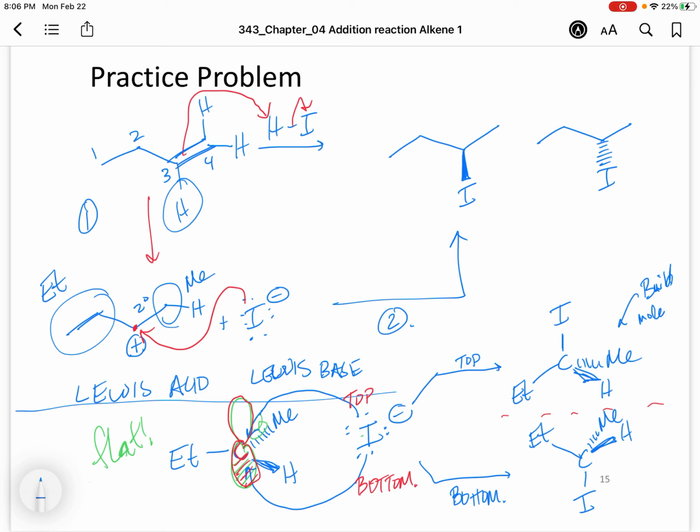Build models. So you actually get two products for this reaction. If you build these molecules, you'll notice that you cannot rotate them to change one into the other. They are not conformers.